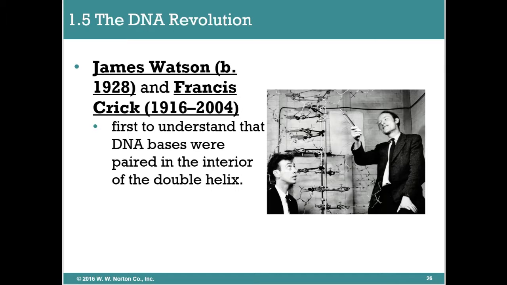To get a Nobel Prize, you actually have to be living. So that's the controversy behind it: Watson and Crick used her knowledge, Franklin's knowledge, without her consent, and they got a Nobel Prize out of it.